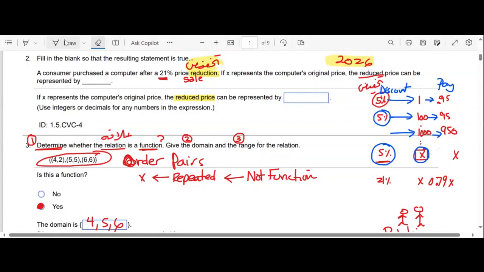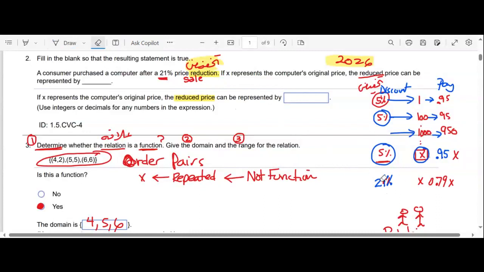So if the discount is 5%, what is left? What is the cost? 95% of x. Okay, because 5% is the discount. How much are you paying for the product? 95%.